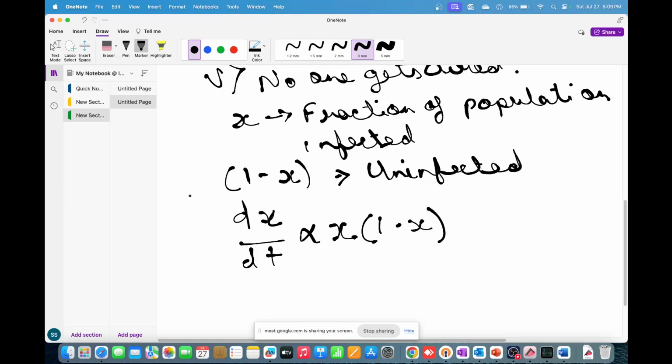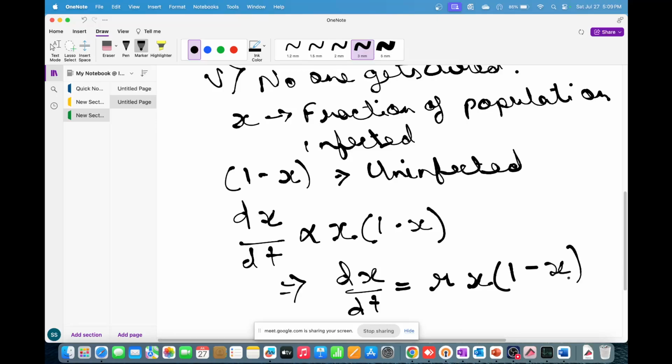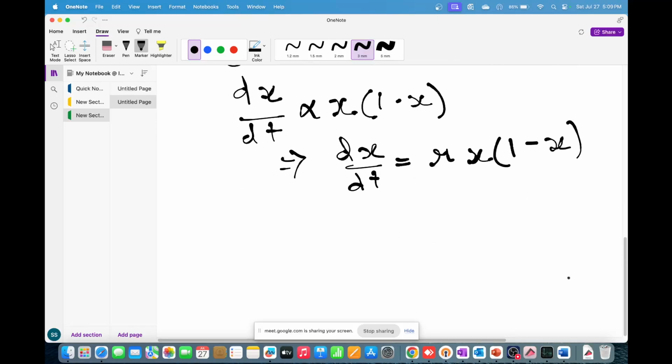After this, we introduce a rate constant. So it becomes dx dt equal to r, where r is your rate constant, times x into 1 minus x. This is an equation sir has already shown you how to solve, but I'll just quickly go over it.